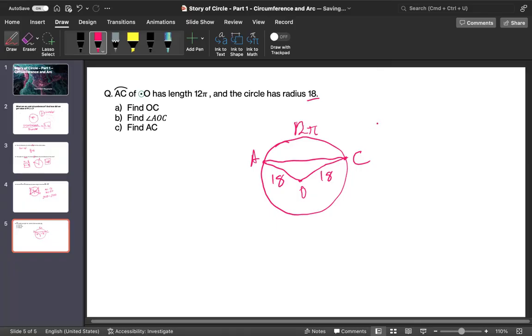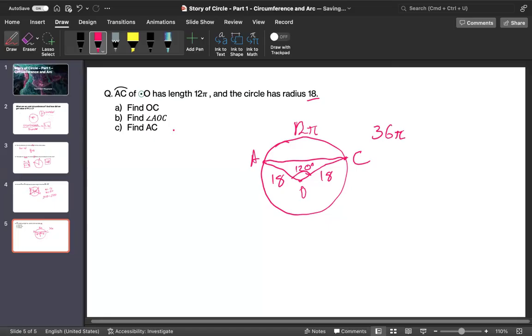So 2 pi r would give us 36 pi. So 12 pi is 1/3 of 36 pi. So we know that this is 1/3 of the degree measure of the whole circle, which we know is 360 degrees. So this would be 120 degrees.